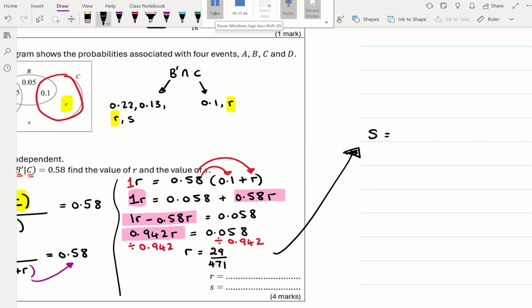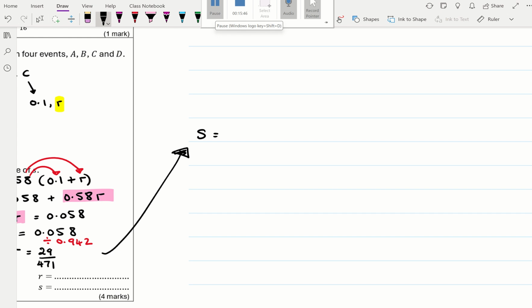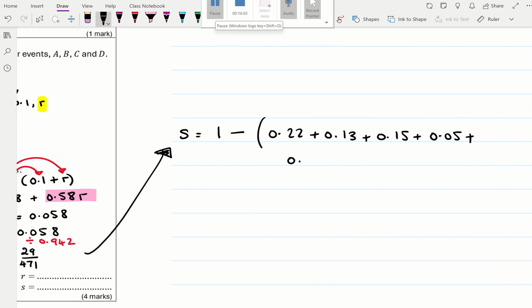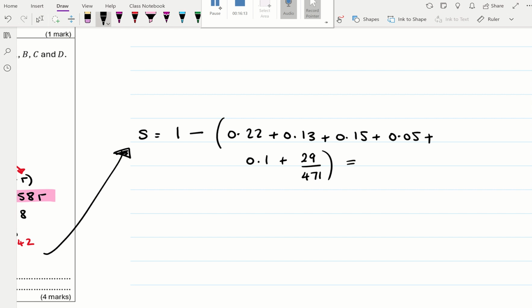So S equals 1 minus all of the probabilities added together, 0.22 plus 0.13 plus 0.15 plus 0.05 plus 0.1 plus 29 over 471, which equals 2,717 over 9,420.